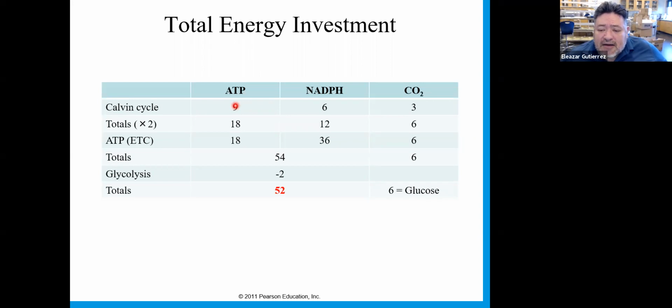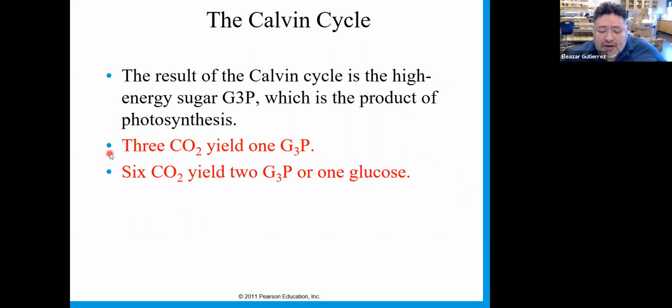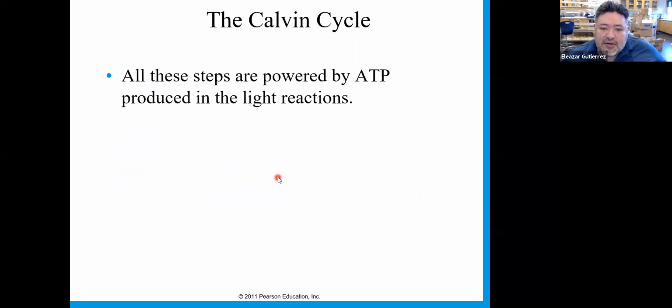Now, we're doing this calculation for a sugar. You guys remember that? Here's per cycle. Here's per sugar. What do we do? We multiply by 2, right? Because we don't need 1 G3P, we need 2 G3P, 2 sugars that have 3 carbons each.